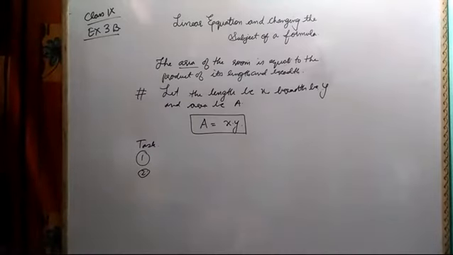So it is like detecting the problem, finding out what problems are given. Then second, we have to represent the unknowns with different variables. Then we have to find out the conditions given. After that, we have to frame the equation and solve, and then we have to verify the solution.